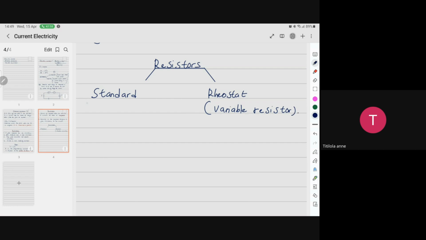For this one, you can just get that from a length of resistance wire. Example is your constantan, right? Length of resistance wire. Just cut out the length and that gives you this one.